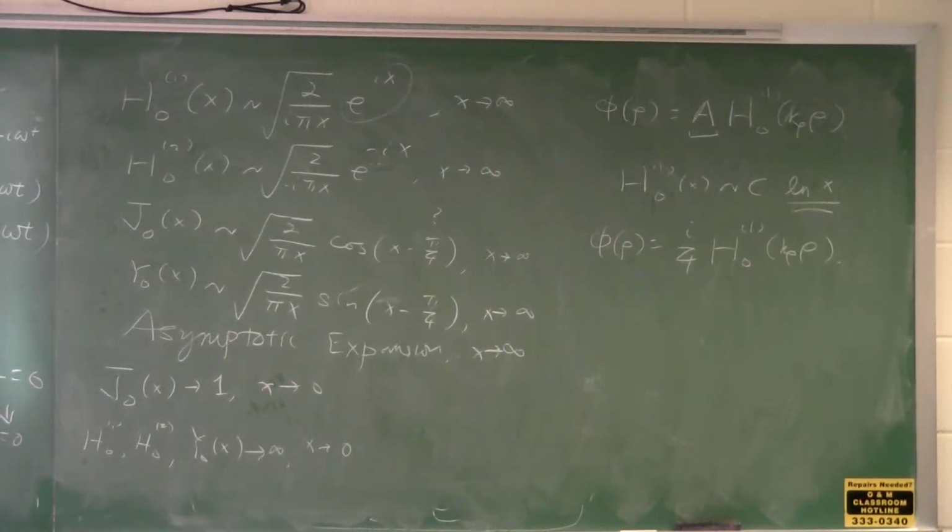Okay, let me show you why. Say you have a line source carrying a current, and then if you look at the magnetic field, H phi times 2 pi rho.